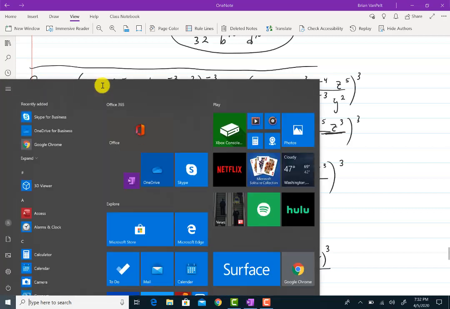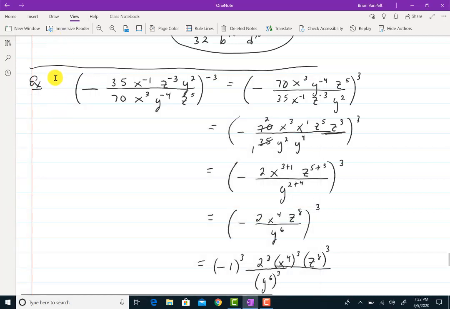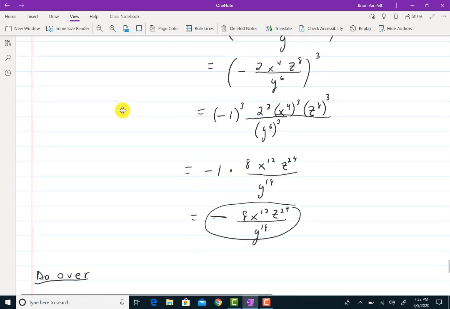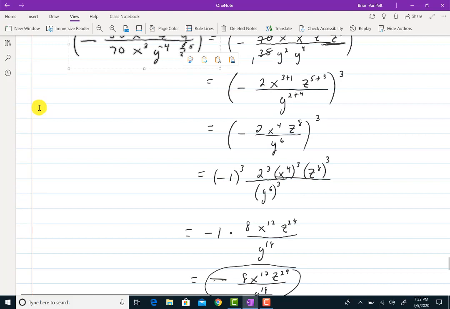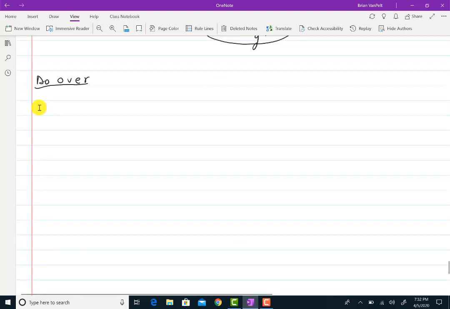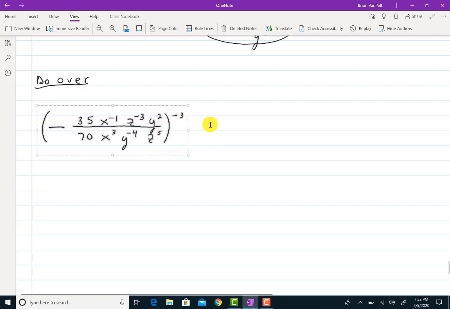What I'm going to do is copy what I had from before, and I'm going to redo this problem, but in a slightly different way. Some of my students have been keen to do something like this.